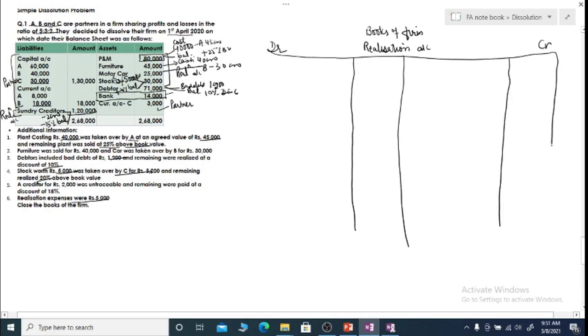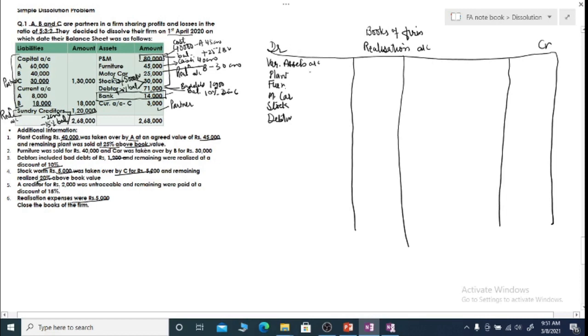Through realization account we are to close all the assets and external liabilities. So close all the asset accounts that you have: plant, furniture, motor car, stock and debtors. We know that bank account is prepared separately, and current account belongs to C.